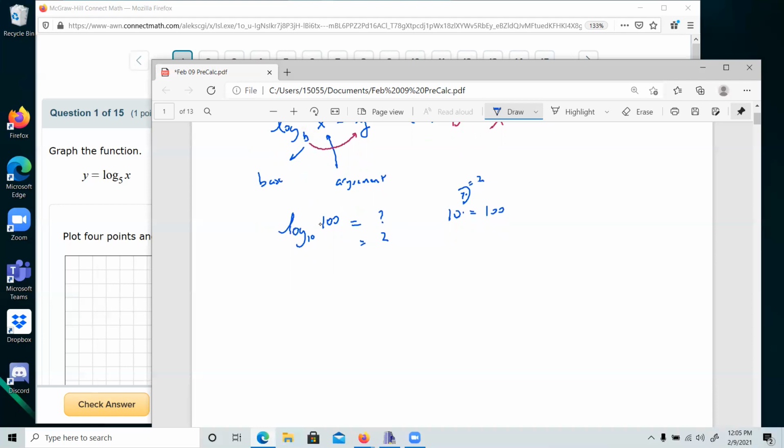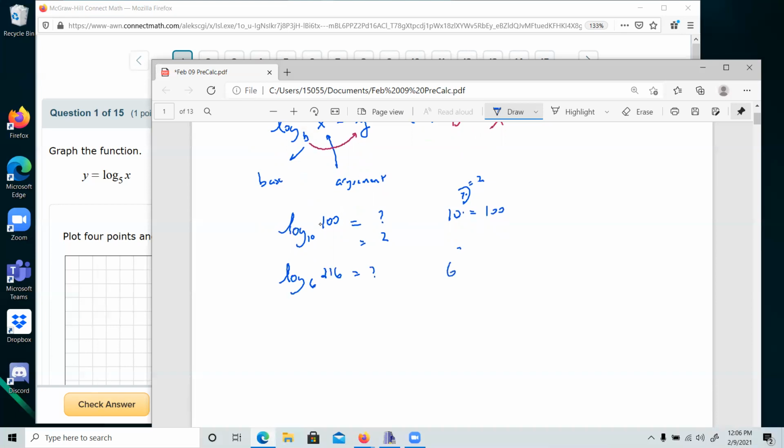Generally your book does them so that they're pretty easy on this part, and I don't think I ask too many questions about log bases that aren't the ones you see almost all the time. But what if we did log base 6 of 216 equals what?